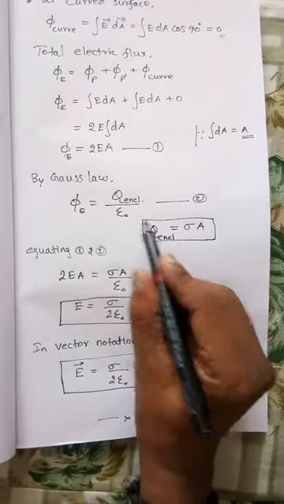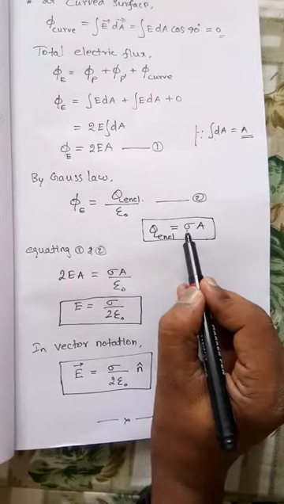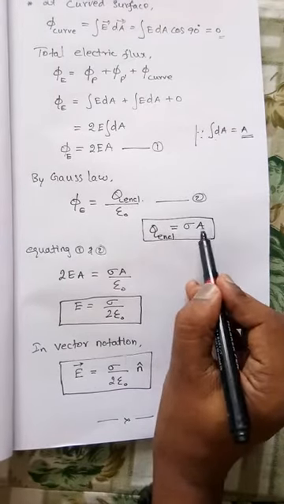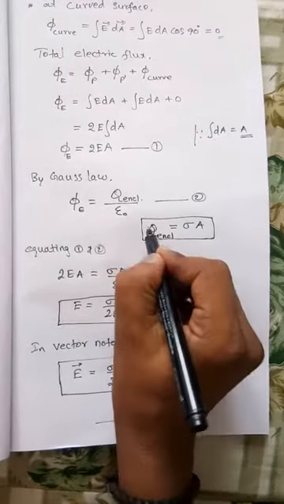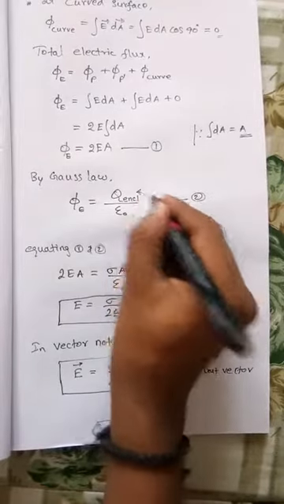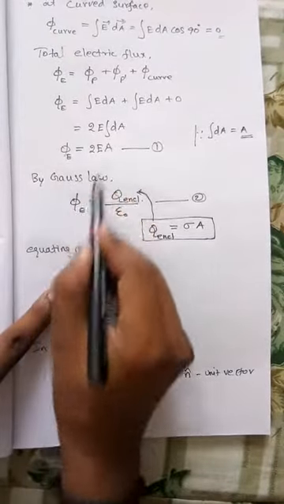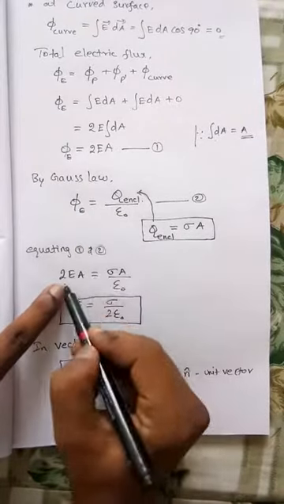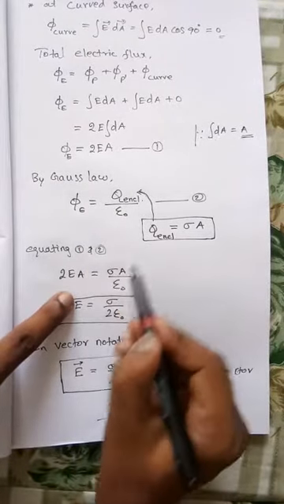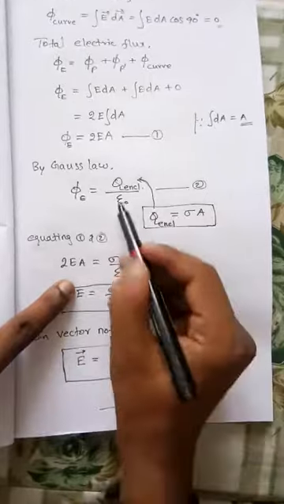But here it is a sheet, so surface charge density into area of the plate. So Q is sigma into A. Substitute the Q value here. Comparing these two equations 1 and 2, 2EA is equal to Q by epsilon naught, which is sigma A divided by epsilon naught.